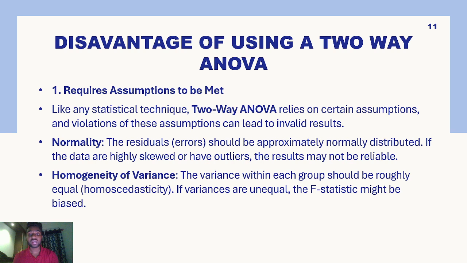If the data are highly skewed and have outliers, the result may not be reliable. Homogeneity of variance: the variance within each group should be roughly equal. If variances are unequal, the F statistic might be biased.